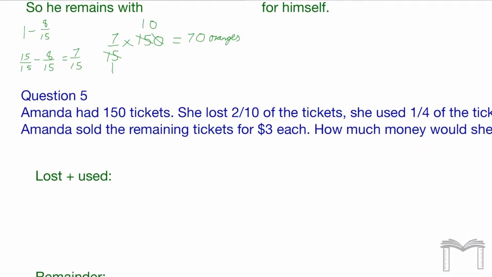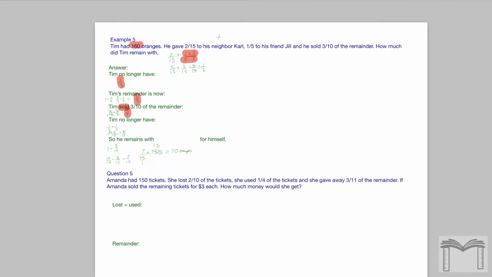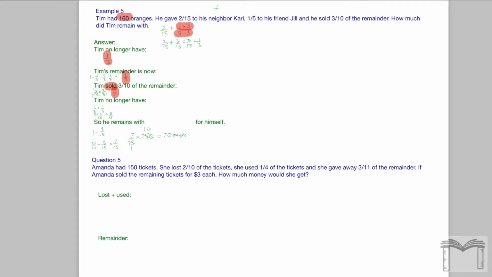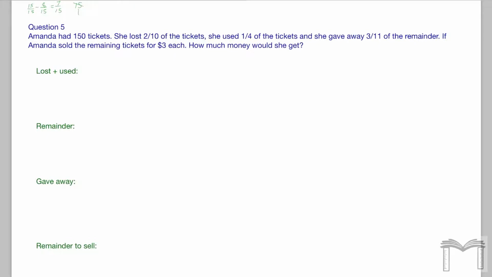Question 5. Amanda had 150 tickets. She lost 2/10 of the tickets. She used a quarter of the tickets, and she gave away 3/11 of the remainder.